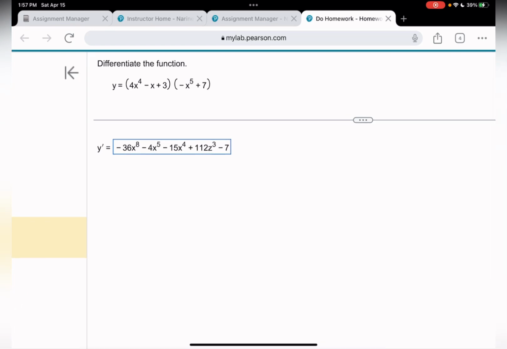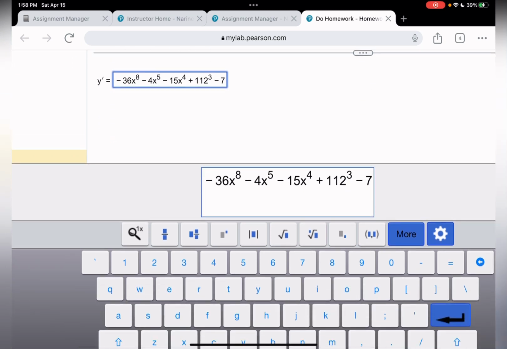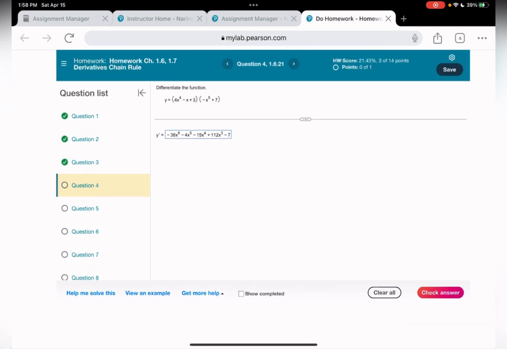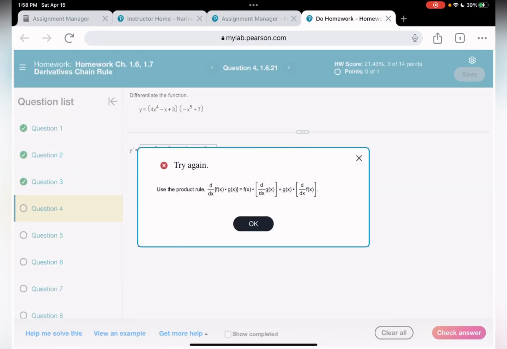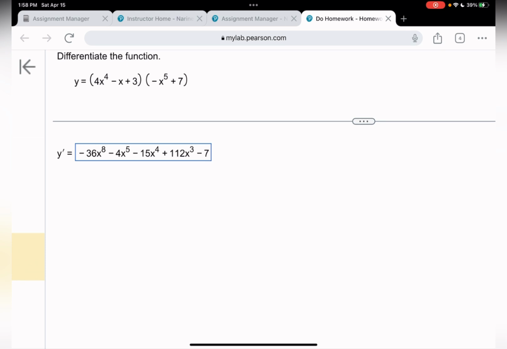Let me first check if I placed the answer correctly. 4x to 5 minus 15x to 4 plus 112... Ah, of course. Plus 112x cubed minus 7.